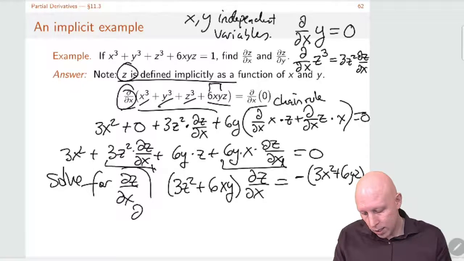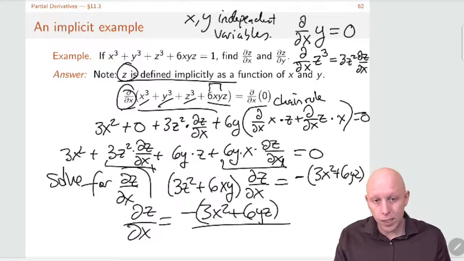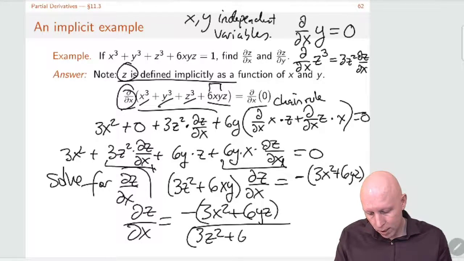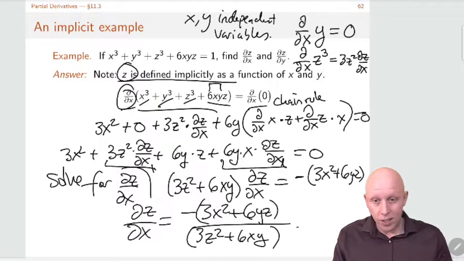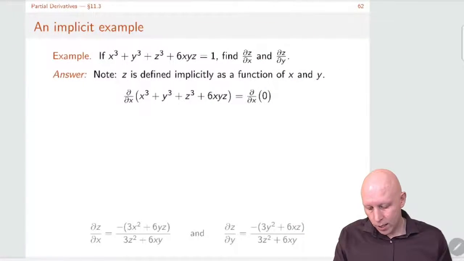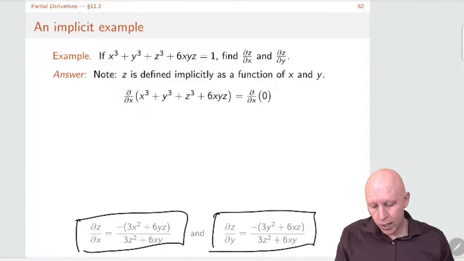And then we get del z del x is equal to negative 3x squared plus 6yz, all in parentheses, divided by 3z squared plus 6xy. So if we do that again in terms of y, then we'll get these two equations for del z del x and del z del y.